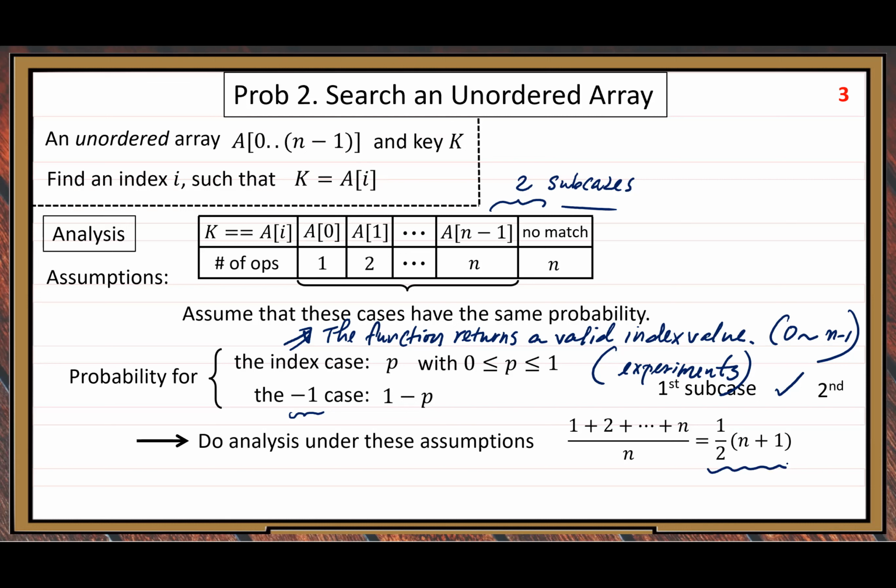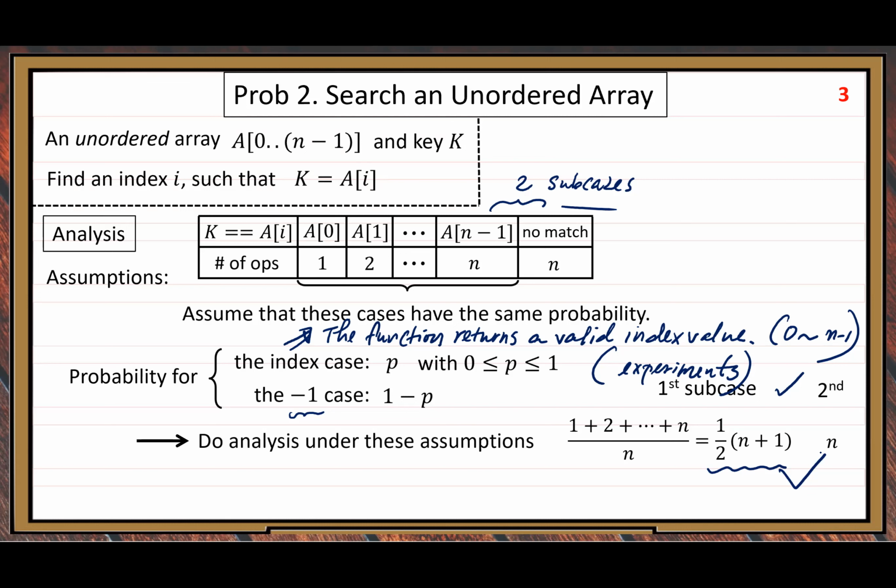For the second subcase, there is only one case, right? The no match, only one possibility. So we do not need to take the average, or the average is the same number, n. So now we have these two average efficiency numbers for two subcases. But we need to combine these two subcases in an appropriate way.